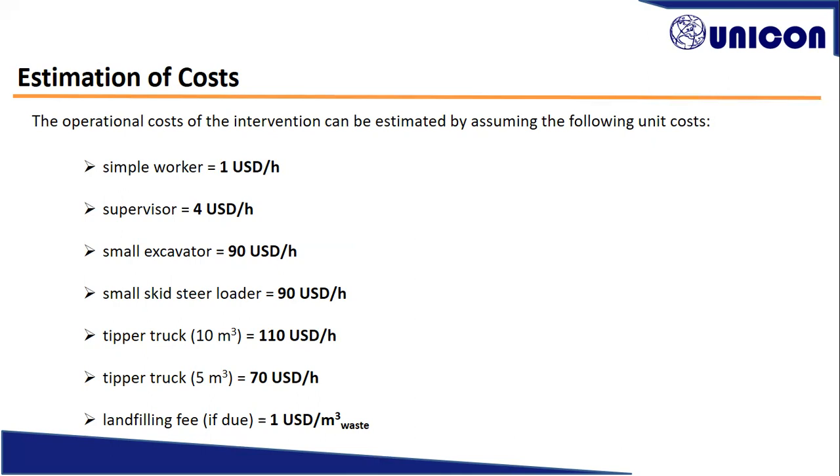For tipper truck of 10 cubic meter volume, $110 US per hour. For smaller tipper trucks with 5 cubic meter of volume, $70 US per hour. Finally, a landfilling fee of $1 US per cubic meter of waste was assumed.